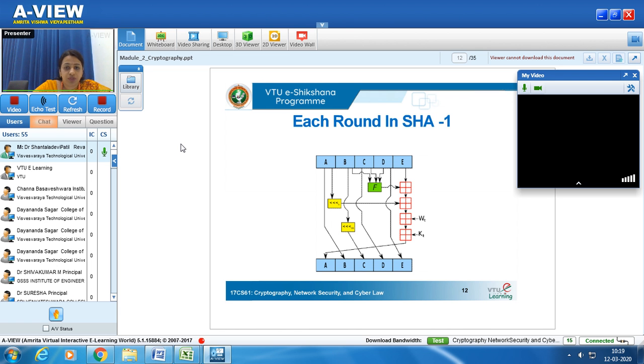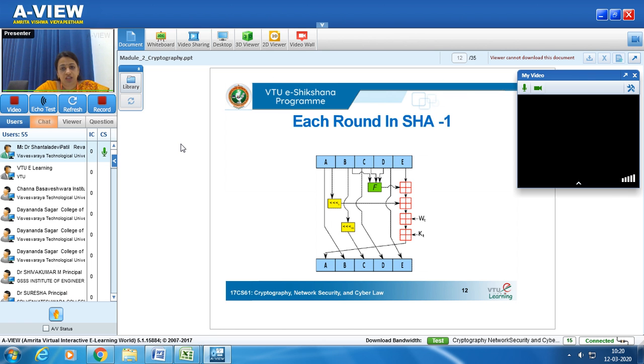So over here the output that is obtained is placed in A, and then the content of A is placed in B, and then the content of B is shifted by 30 bits, a left circular shift by 30 bits, or you can say a 2 bit right shift, and it is placed in C, and the content of C is directly placed in D, and then the content of D is placed in E. This is the swapping that happens.